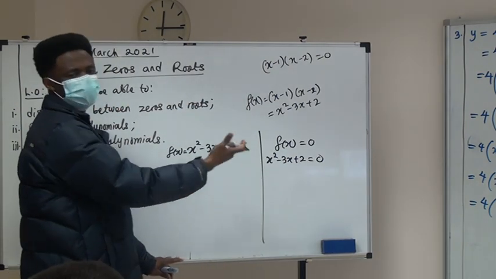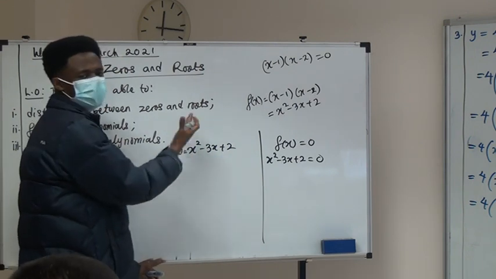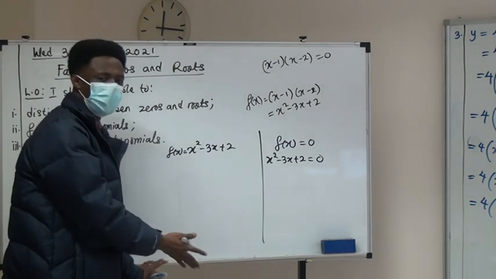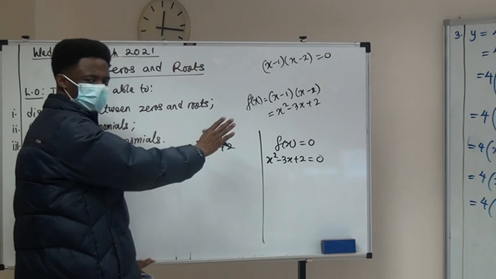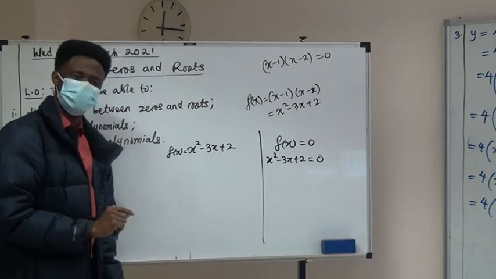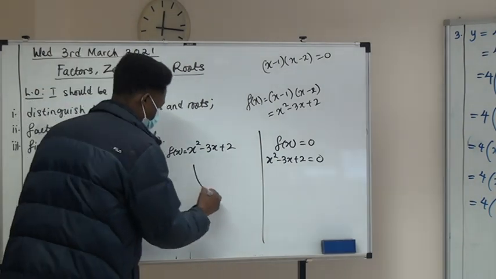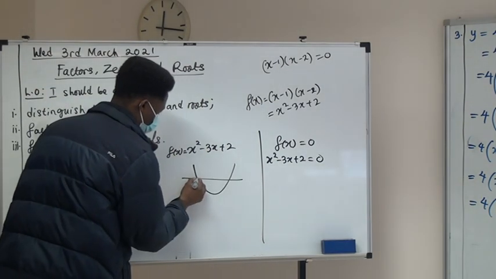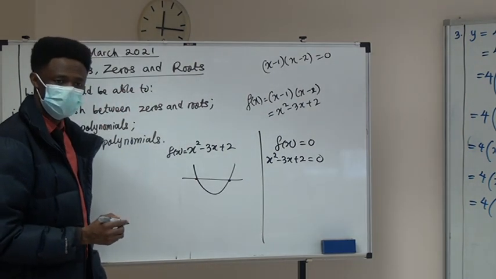When x is 2, when x is 1, when x is 14. You can put infinitely many values of x; the domain is the entire R. But only two of them will make it 0. Because if you plot the graph, these two that make it 0 signify the points where it crosses the x-axis.